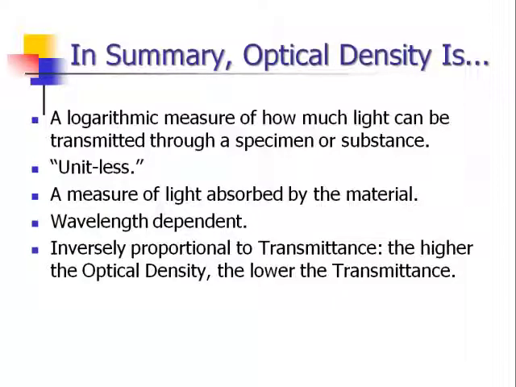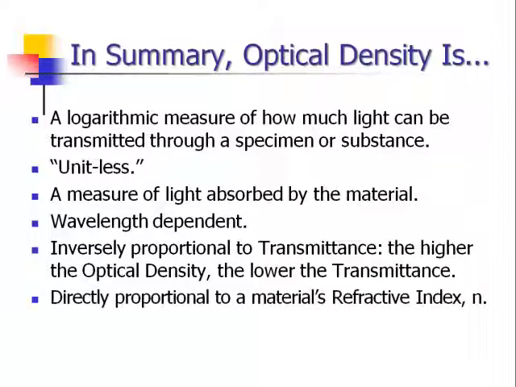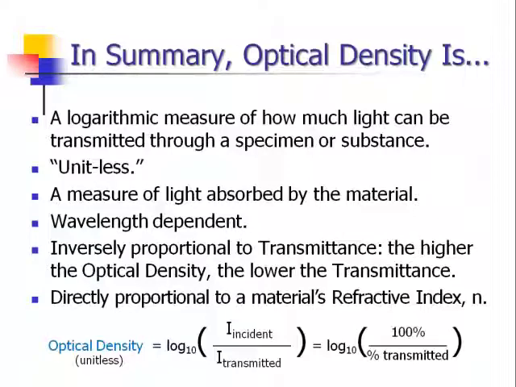So therefore, the higher the optical density, the lower the transmittance. Optical density is directly proportional to refractive index. The higher the optical density, the higher the refractive index of material. And optical density can be calculated by taking the log of the incident light divided by the transmitted light of that specimen.